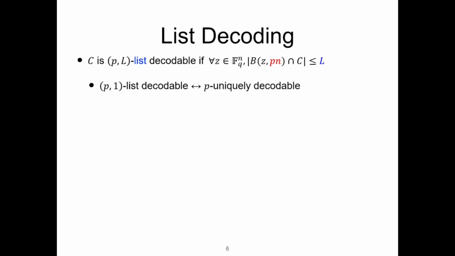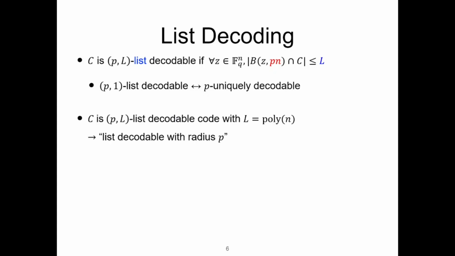So list decoding generalizes unique decoding. And for simplicity, when C is (p, L) list decodable, where L is polynomial in n, we also simply say C is list decodable with radius p.